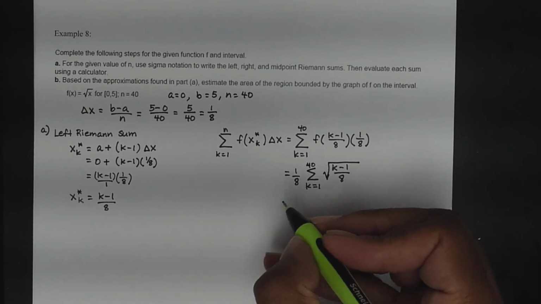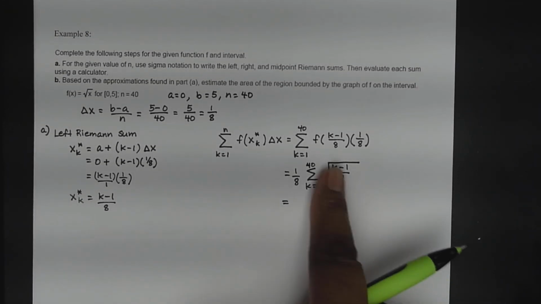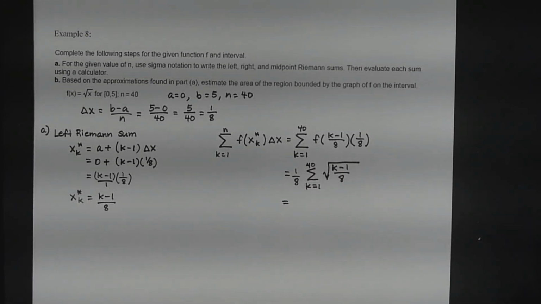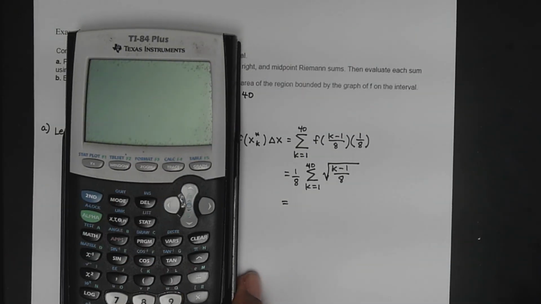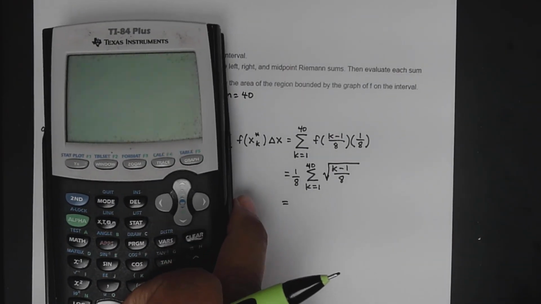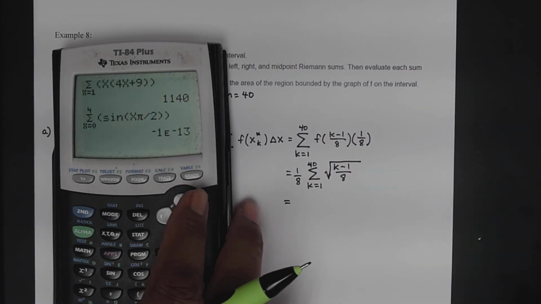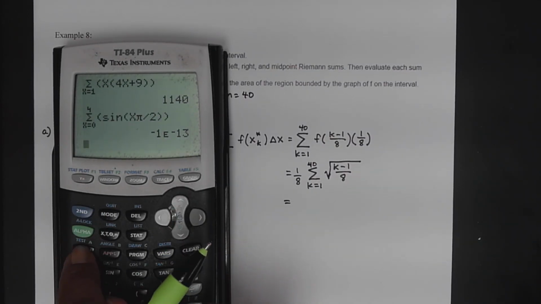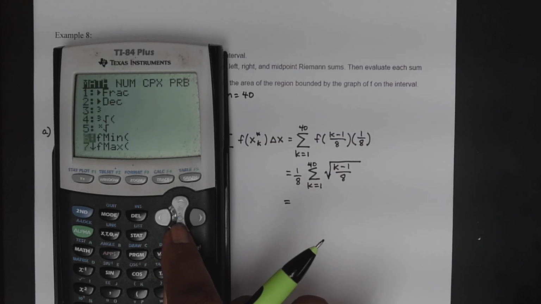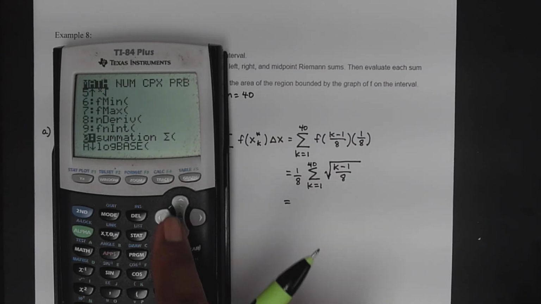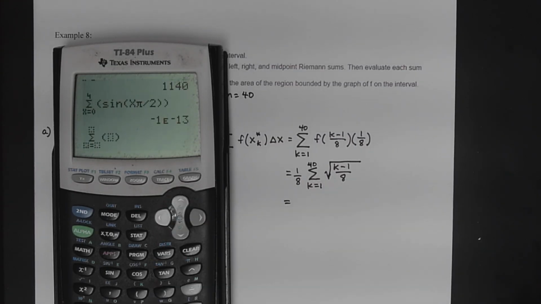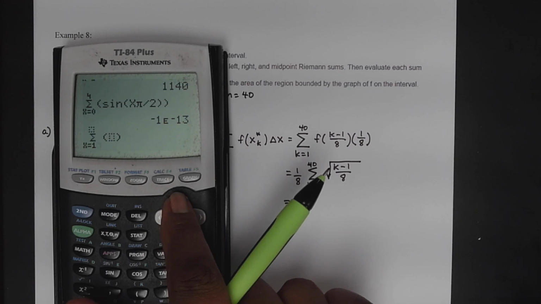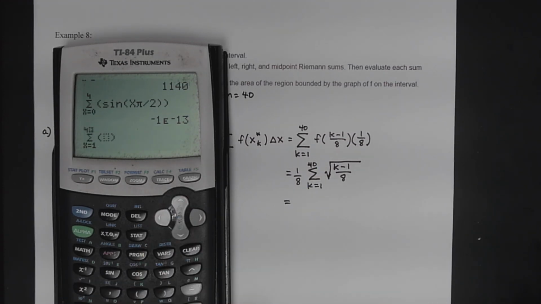Now I can use my graphing calculator to come up with this value. I like to use X when I do this in the calculator. So let's press the math key, go down to summation, and instead of K, I'm going to use X. It'll be X equal to, starting with a 1, up arrow, 40.